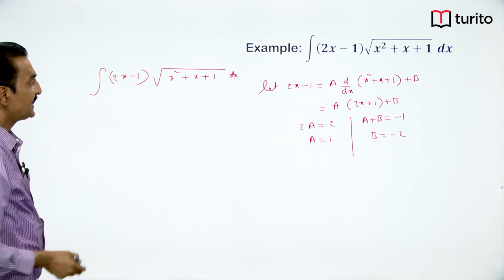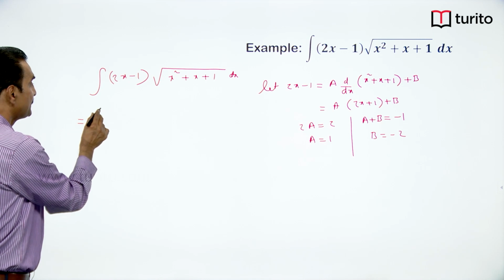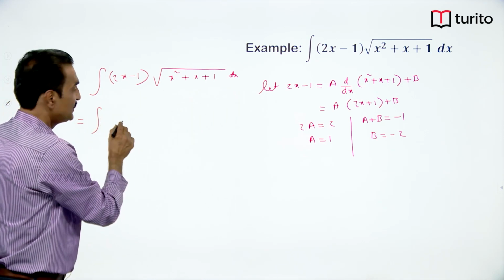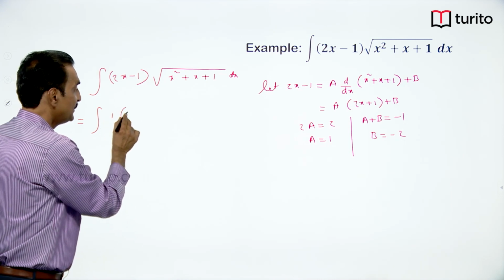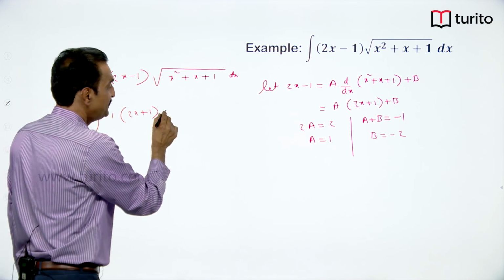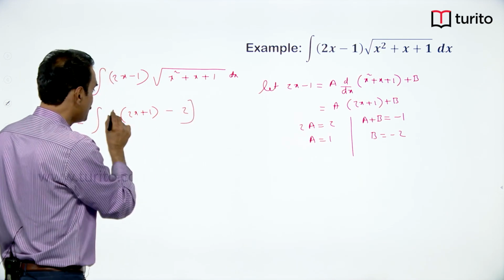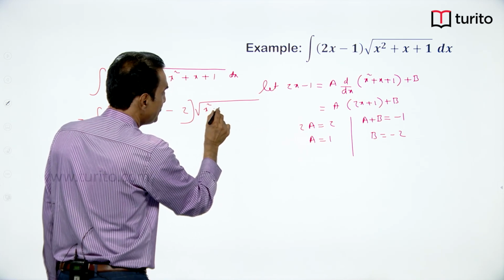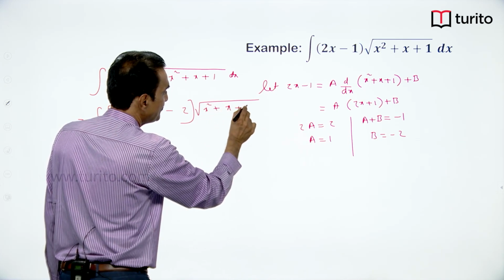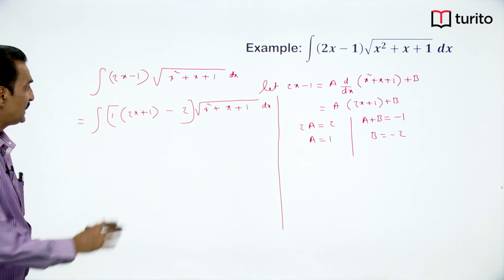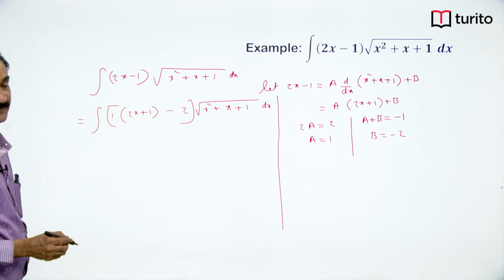Then this integral is 2x minus 1 is a into, that is 1 into 2x plus 1 plus b is minus 2 into root over x square plus x plus 1 dx. Okay. Now, separate this into two integrals.